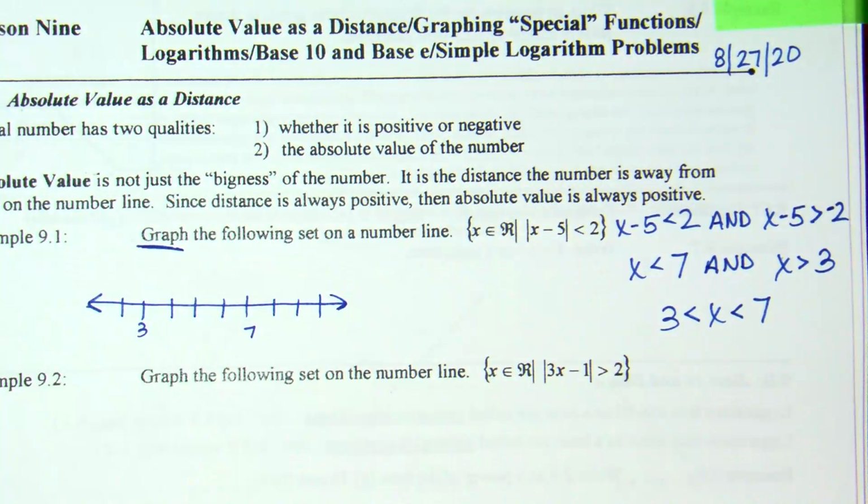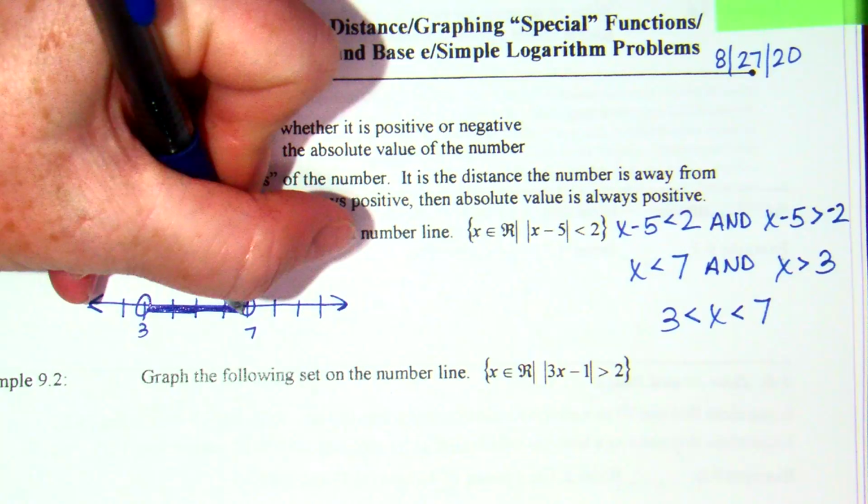Open circle at 3, open circle at 7, and you're shading in between. You can also look at it as x less than 7, so it's going left of 7. And we're going to overlap x greater than 3, so greater than 3. So it's an open circle at both of them, shaded in between. Or if we're talking interval notation, it's parentheses, right?